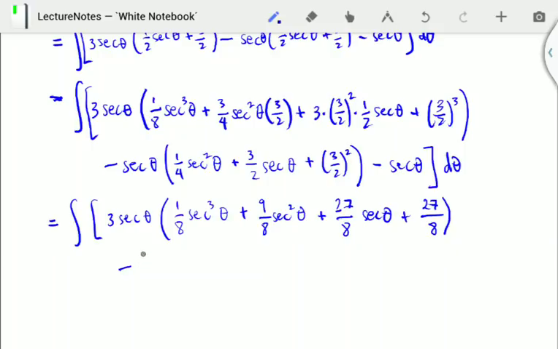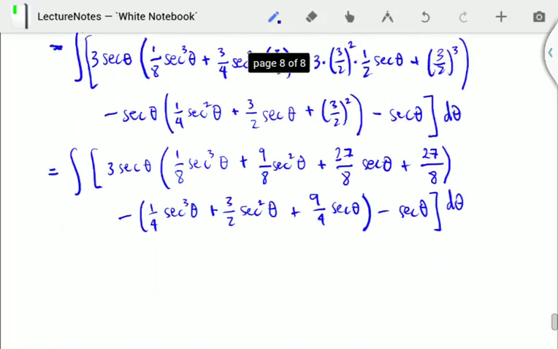So you have 1/4 sec cube theta plus 3/2 sec squared theta plus 9/4 sec theta, and then minus sec theta.